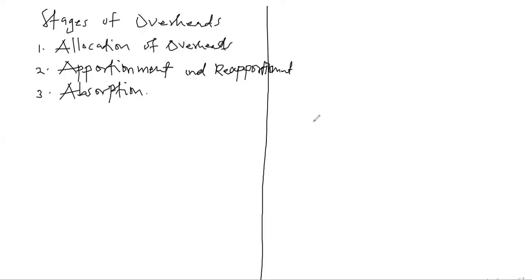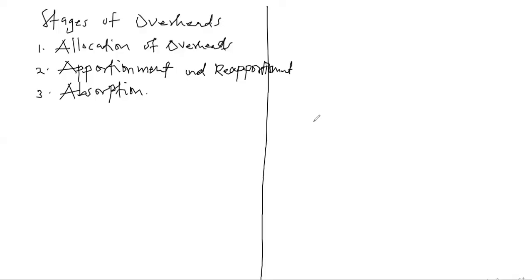That is the meaning of apportionment. So you need to note that where the cost involved relates to more than one department, then apportionment comes in. But if it is only one department or one cost unit, then we say allocation.